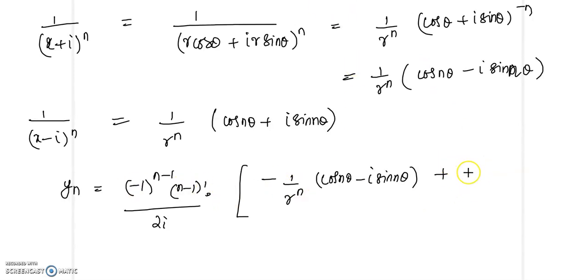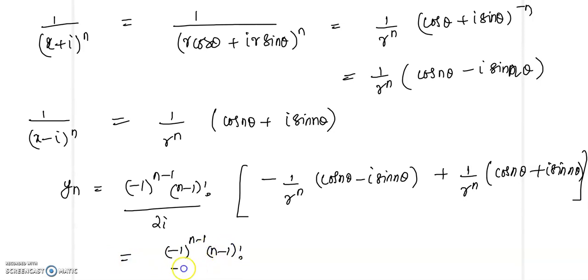So that will be 1 by r raised to n, (cos n theta plus i sin n theta). So that will be minus 1 raised to n minus 1, (n minus 1) factorial by 2i r raised to n.